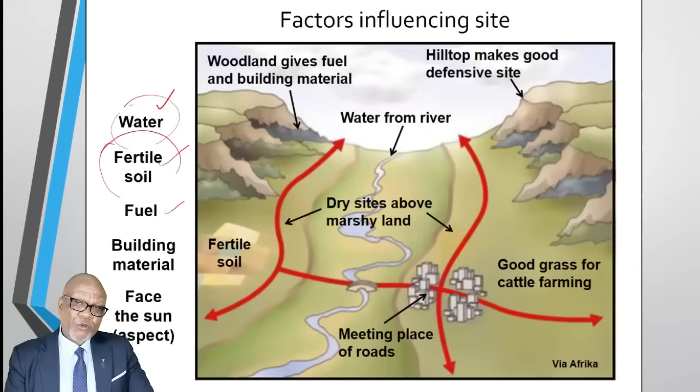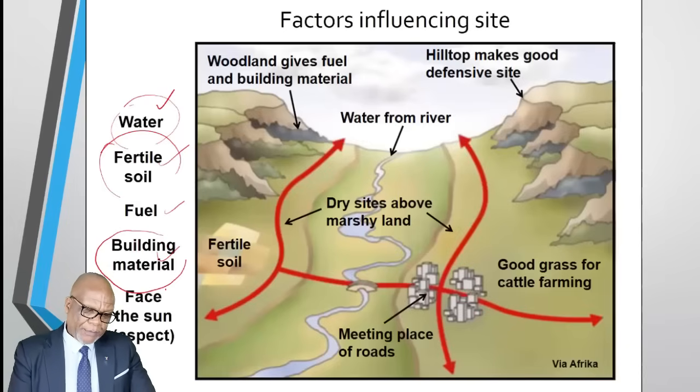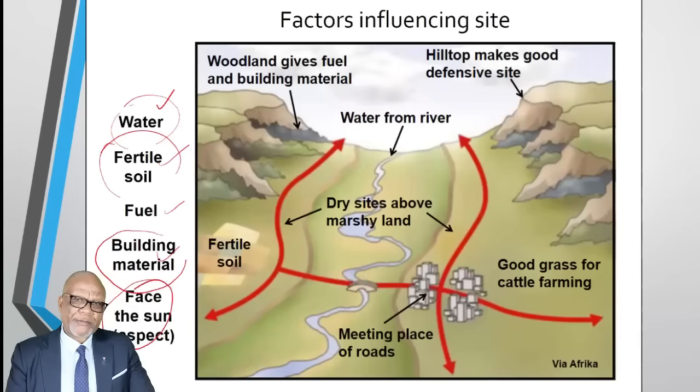They're going to need fuel, which is the trees that can be cut in order to make fire. They also need building material. Building material is also going to come from the trees that can be cut, and the grass that can be used for roofing. And then we also look at the direction to which the slope is facing, which is called the slope aspect.